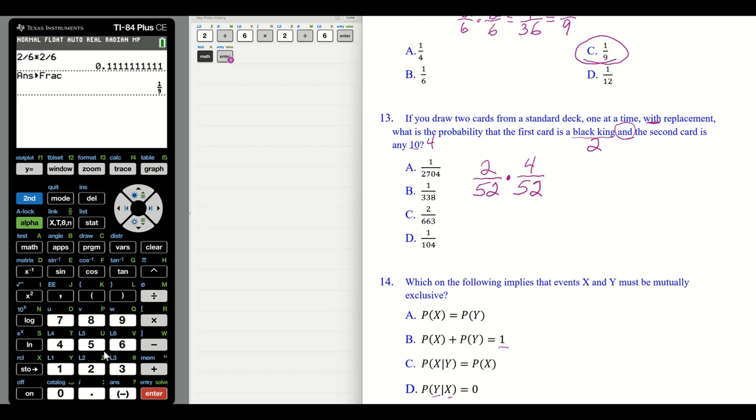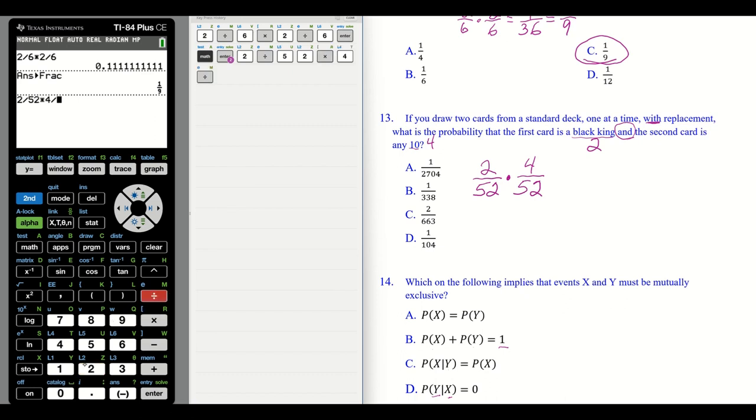We don't need our parentheses because we are dividing and multiplying. Okay, 2 divided by 52 times 4 divided by 52. Enter. That gives us a pretty extensive decimal.